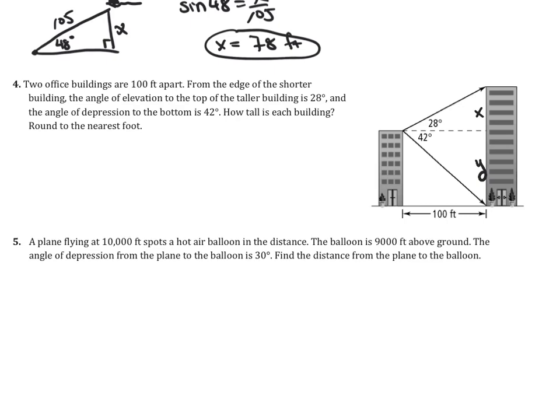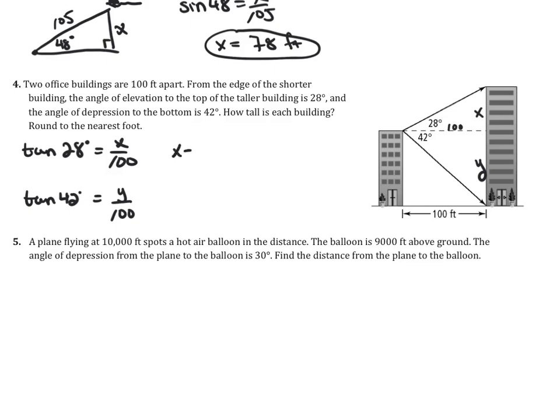So we remember that this is 100 feet, because it's the same distance as it is on the ground, which means that in each case we'll be using the tangent function. We'll say the tangent of 28 degrees is equal to x over 100, and the tangent of 42 degrees is equal to y over 100.